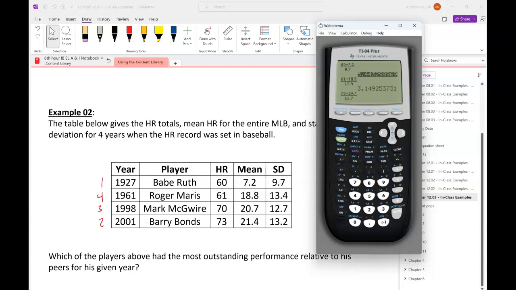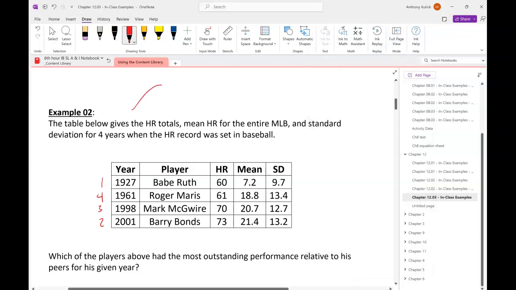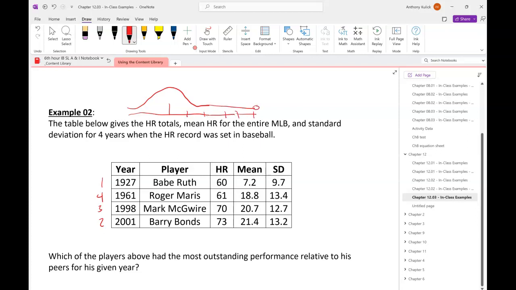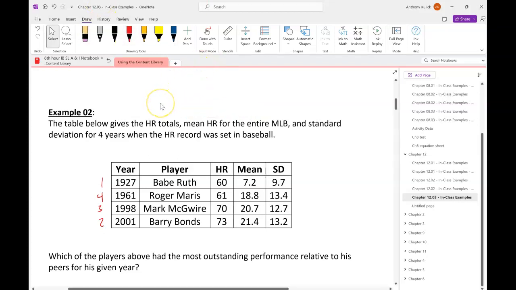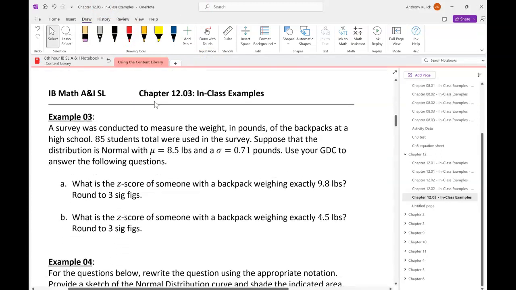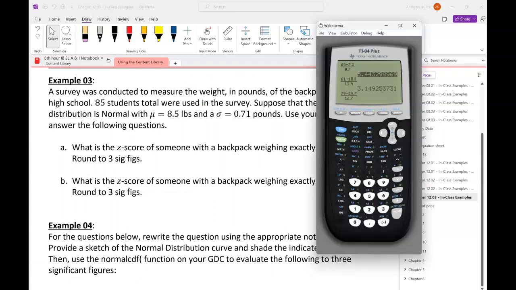If you go back and look at this thing that looks like our normal curve, you're talking about something way out here, which is stupendous. 3 standard deviations is a monster outlier. 5 standard deviations is just absurd. All right, let's go to the next one here.